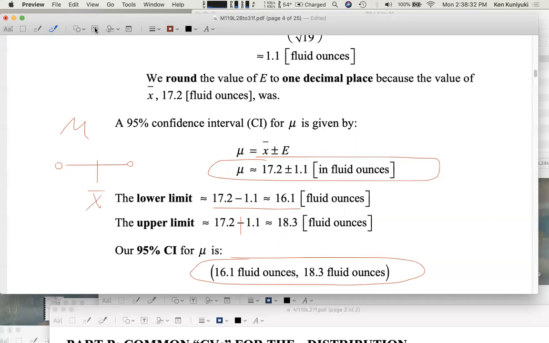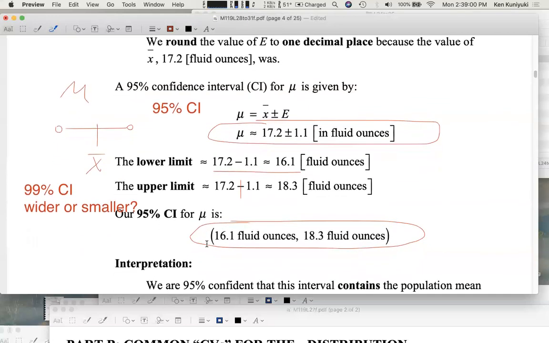But that was for a 95% confidence interval. What if we were to construct a 99% confidence interval under the same circumstances? Would our 99% confidence interval be wider or thinner, smaller? Which would it be?